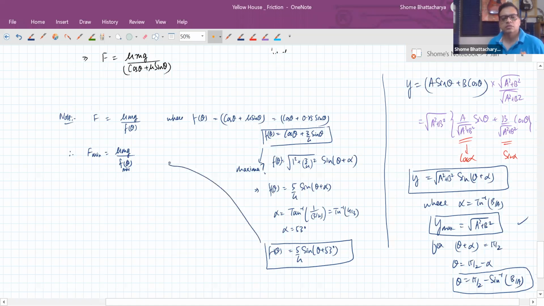So we can substitute that back here. So F, which was mu mg upon cos theta plus mu sine theta, can now be written with mu, remember, 0.75, but the denominator, this function, we've now reduced to this.